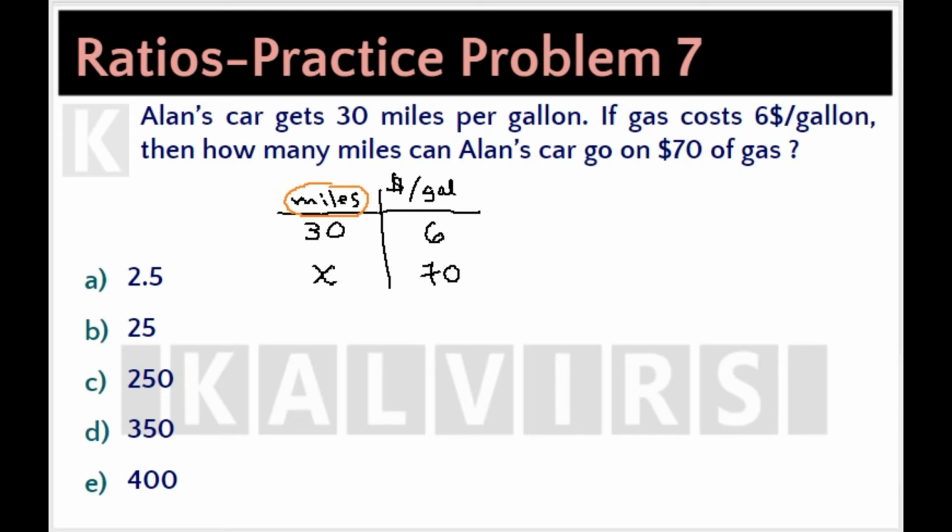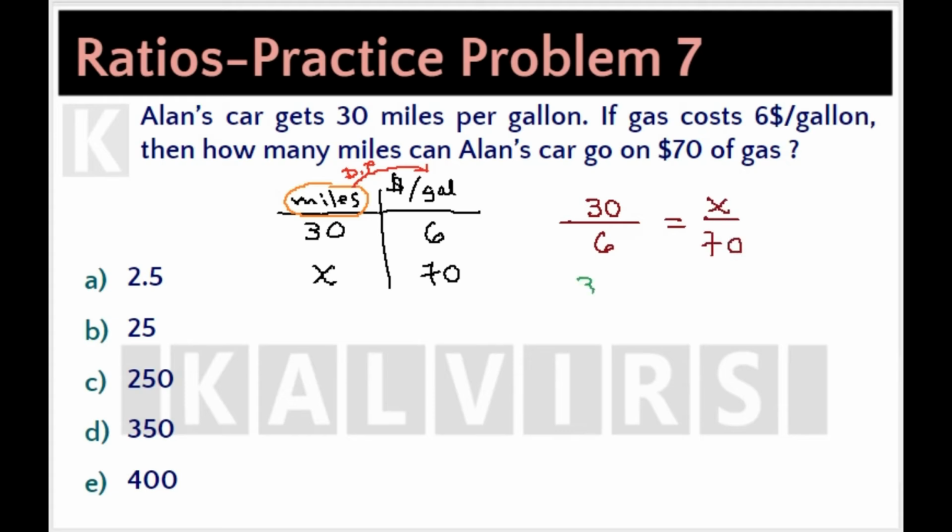The number of miles traveled by the car is directly or inversely proportional to the cost per gallon. Since the number of miles is directly proportional to the cost per gallon, then 30 over 6 is the same as x over 70.